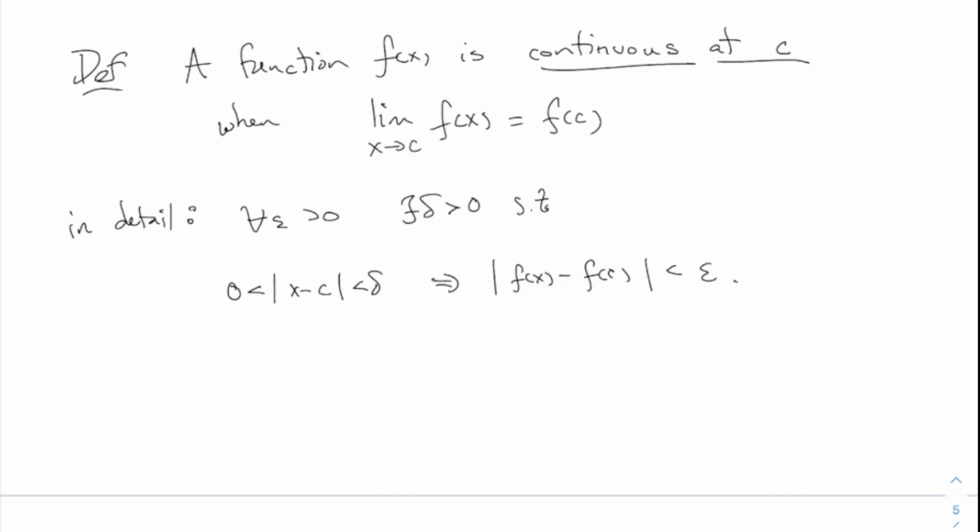This is the same as our usual epsilon and delta definition, only instead of the big L here is this number f of c. There's a pleasant little symmetry to this: here you have x minus c, and here you have the same thing but with f's wrapped around it.